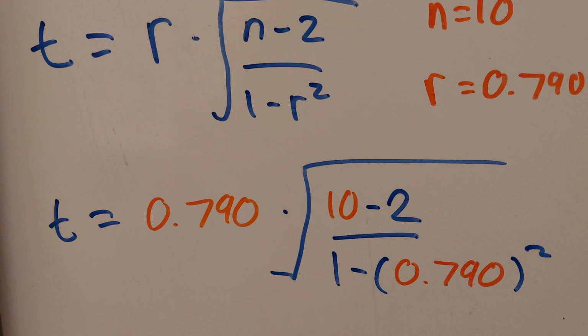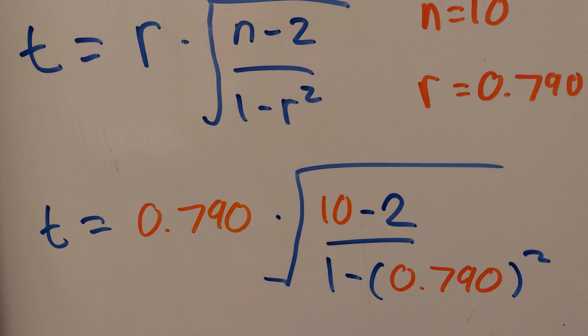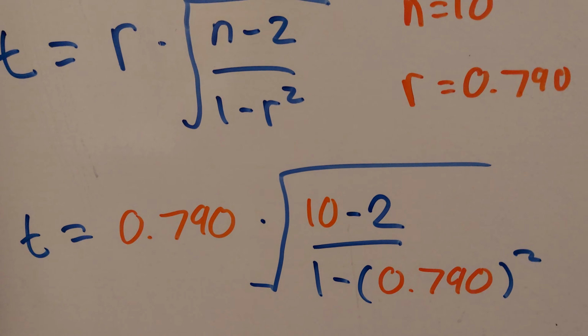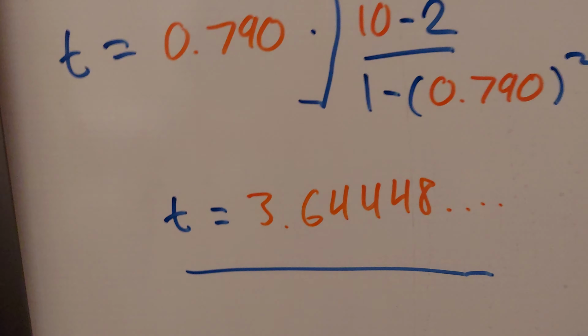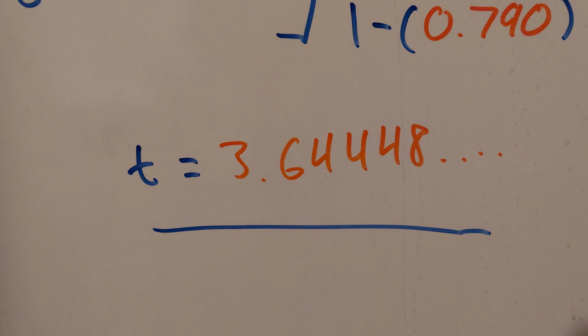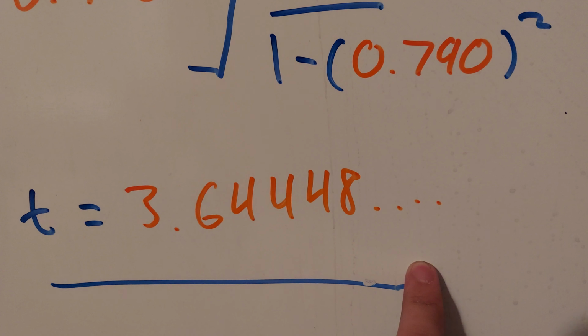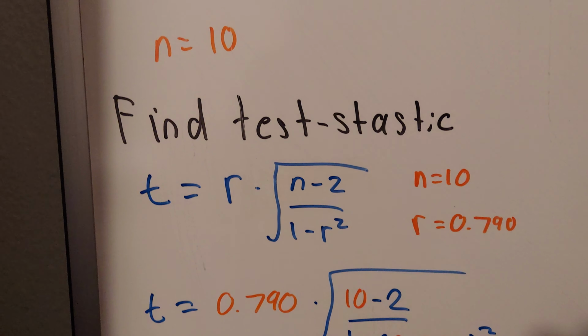So t is equal to 0.790 times the square root of 10 minus 2 over 1 minus 0.790 squared. Now that is going to result in t equals 3.64448, with some more numbers behind it represented by dots. And with that, we found a test statistic.